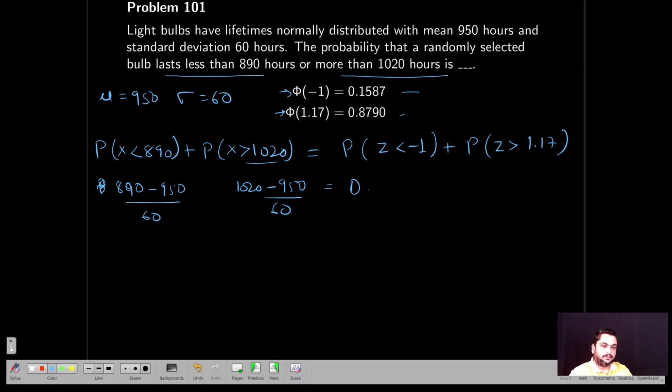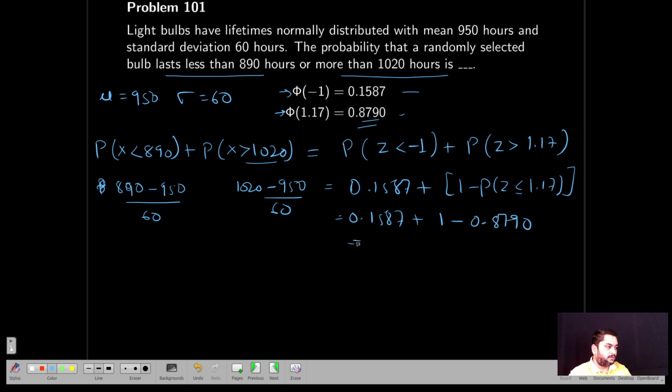P of this is already given, 0.1587, plus 1 minus P of Z less than or equal to 1.17. They have given that as 0.8790. So 0.1587 plus 1 minus 0.8790. This comes out to be 0.280.